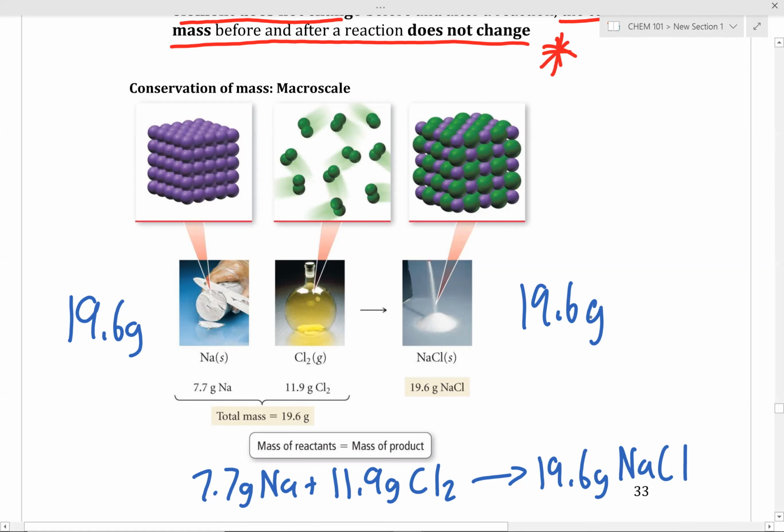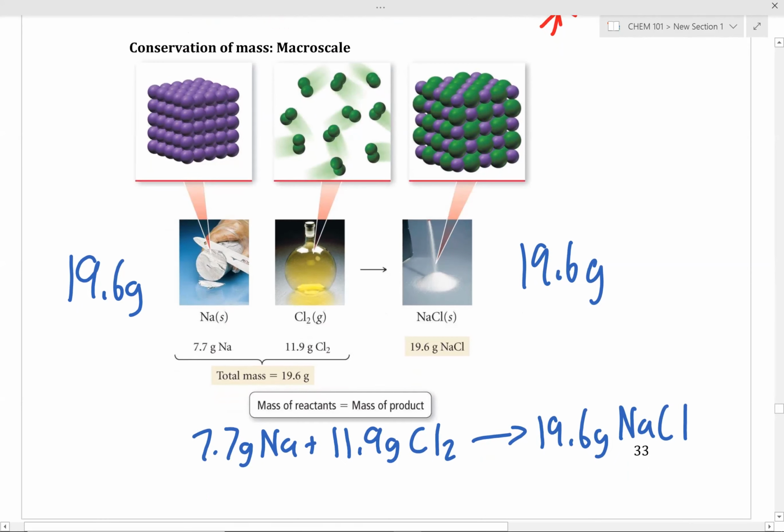Now, one critical point that I want you to keep in mind when we look at our labels for each of these masses, even though our total mass is unchanged, is the chemical composition of that mass different? Does sodium have the same property and reactivity as sodium chloride?